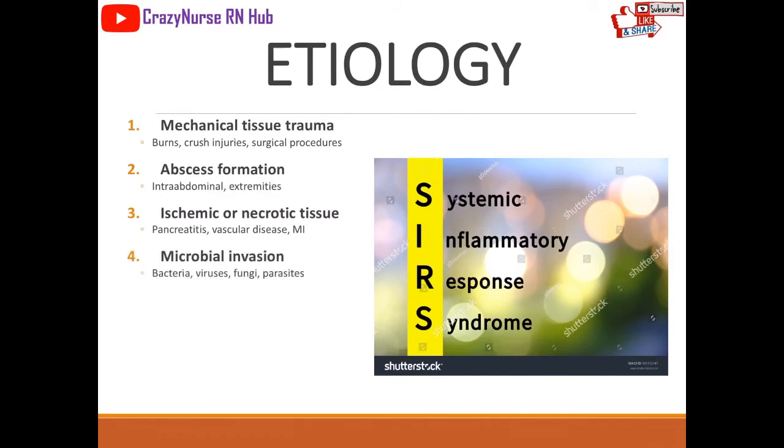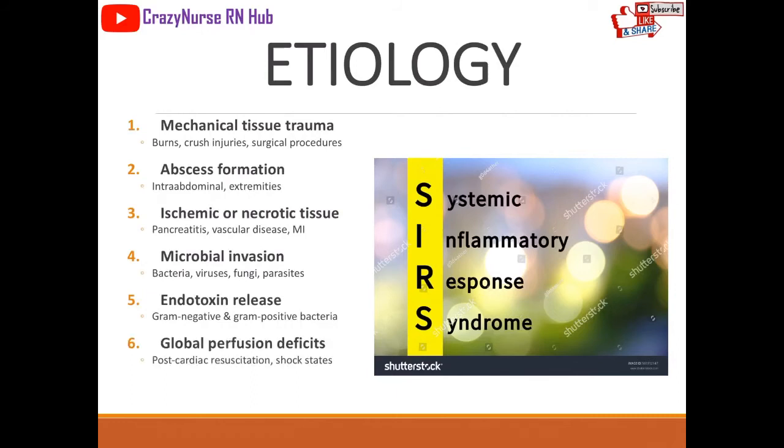We also have microbial invasion from bacteria, viruses, fungi, and parasites. Also, we have endotoxin release from gram-negative and gram-positive bacteria. We also have global perfusion deficits from post-cardiac resuscitation and shock states. And lastly, regional perfusion deficits from distal perfusion deficits.